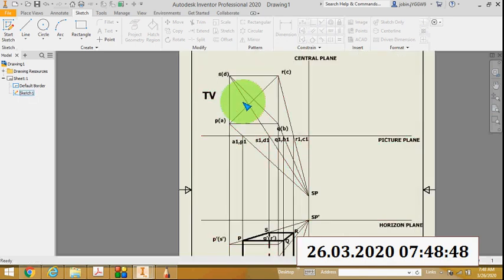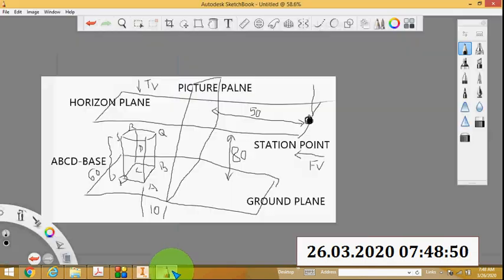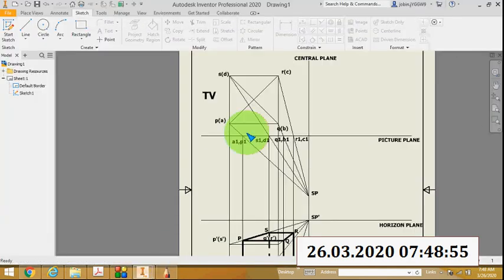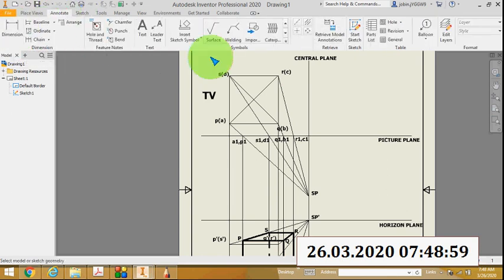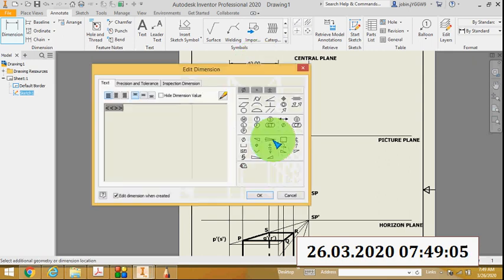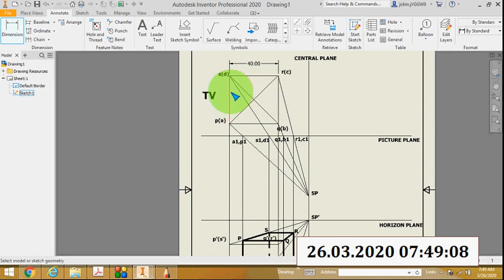So once again I will draw the top view. Top view is actually a square. The side of this square is 40, so this dimension is 40. This is a square, so this side is also 40.